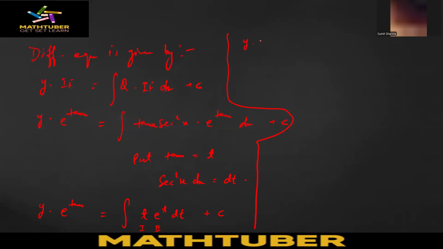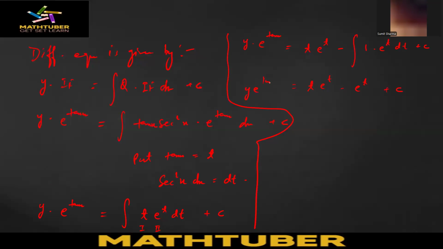So this will be y into e raised to power tan x, which is equal to first as it is into integration of second, minus derivative of the first function, which is 1, into integration of second function dt plus c. Now again we have to do the integration of e^t, which is e raised to power t only, plus c.